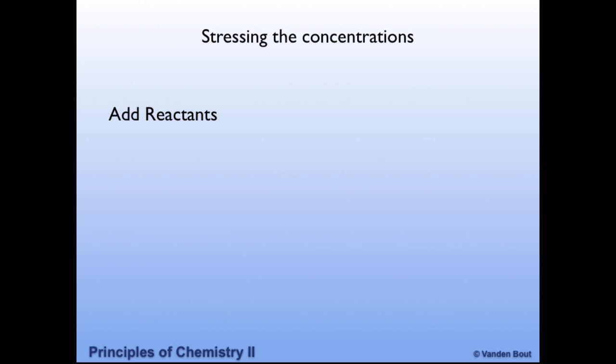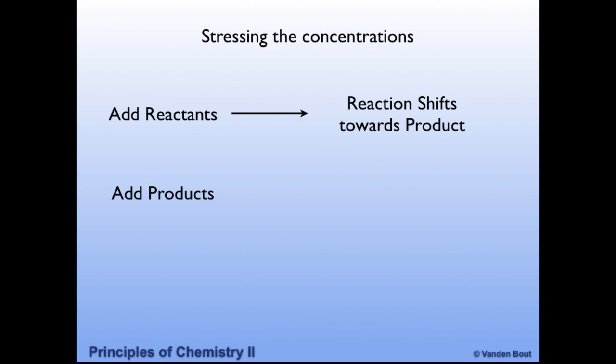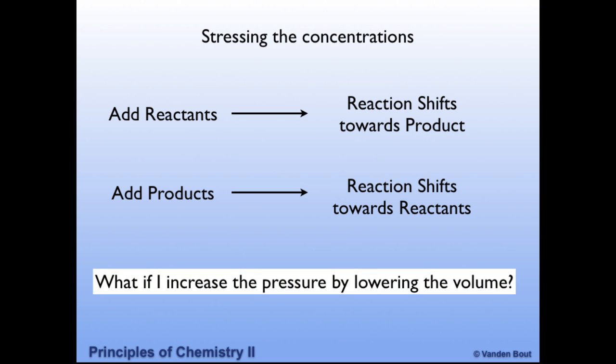So if you add reactants, the result is always going to be a reaction shift towards the products. The same is true if you remove products, the reaction will shift to compensate and form more products. On the other hand, if you add products, then the reaction will shift and will look to generate more reactants. The same will happen if you remove reactants.